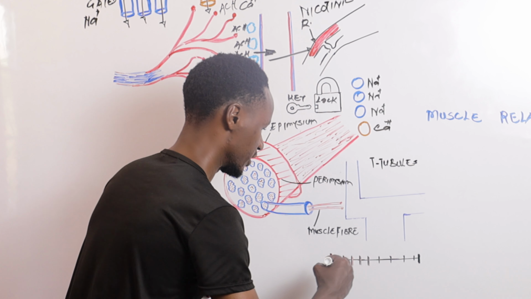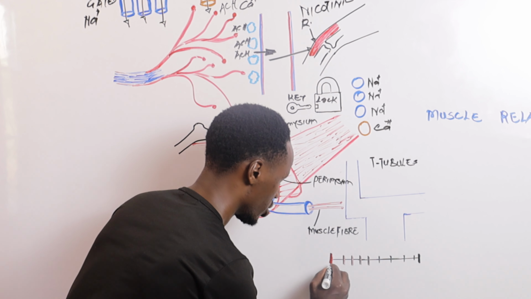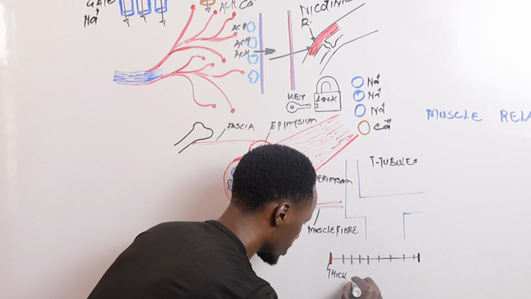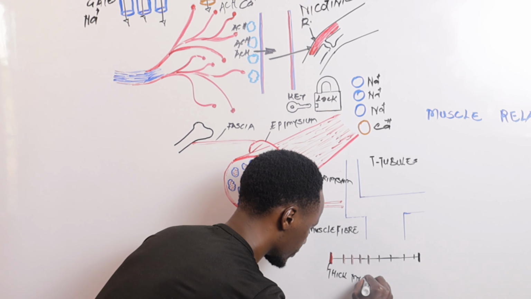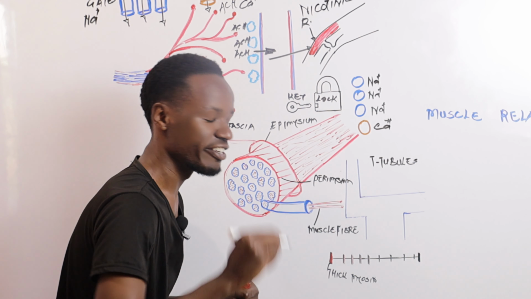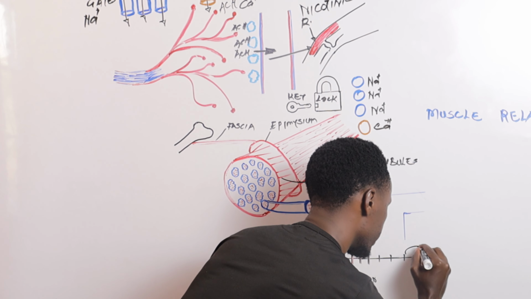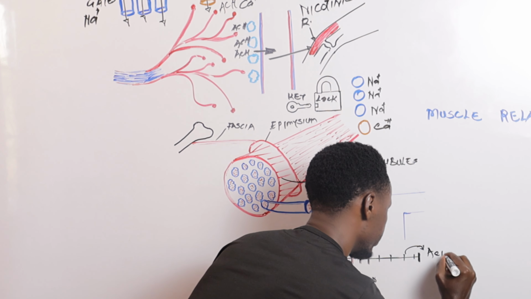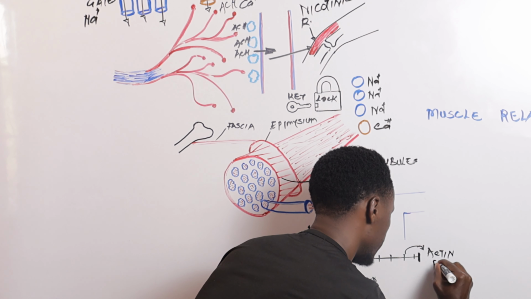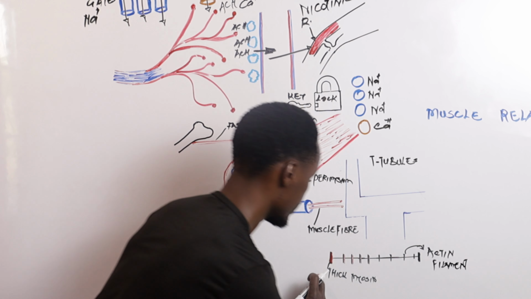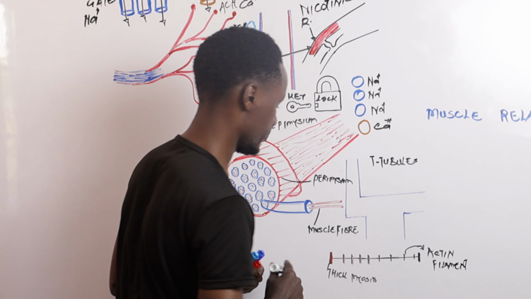And these myofibrils have got something we call the thick filament, which is the myosin, and the thin filament of actin. So this is the actin filament, and this is the thick myosin.